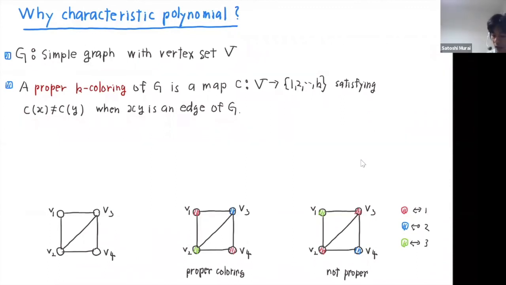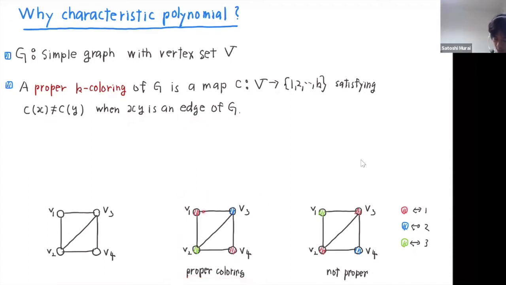So I define the coloring as a map, but you can actually consider that this map is something like putting colors on each vertex. And the condition says that if we have two vertices which are adjacent, then they must have different colors. So for example, this is an example of a proper coloring.